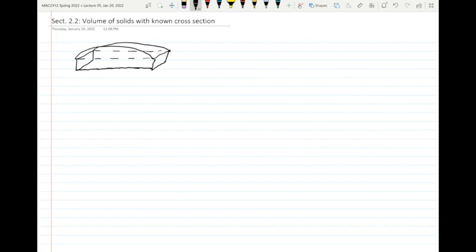Do you understand this? So imagine that we slice this bread, okay? For reference, I'm going to put here my axis. Let's say this is the x-axis, this is the y-axis. As usual, this is A, this is B. Then I'm going to slice this bread.